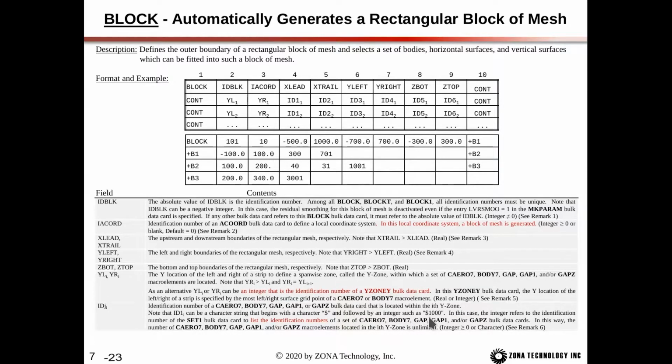For example, $1000. In this case, this 1000 refers to a SET1 card with that ID 1000. And then the SET1 card can list out as many ID numbers as you would like. Remember, the SET1 is unbounded. You can have as many integers in that as you want. So then that SET1 will list the ID numbers of the C07, Body 7, GAP, GAP1, and/or GAPZ cards.